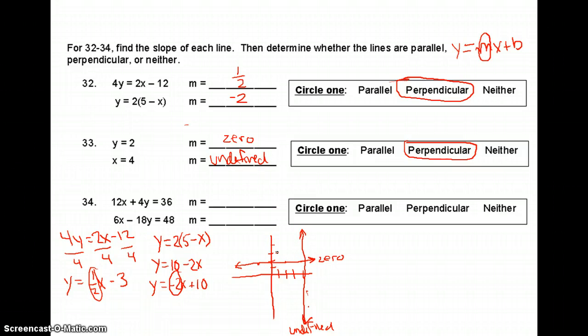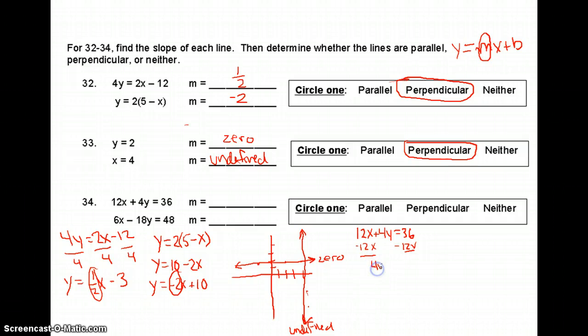Okay, number 34. Alright, let's just write them down over here. 12x plus 4y equals 36. I'm going to solve for y. So subtract 12x from both sides.